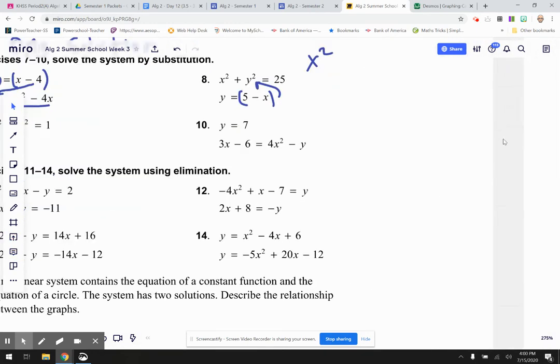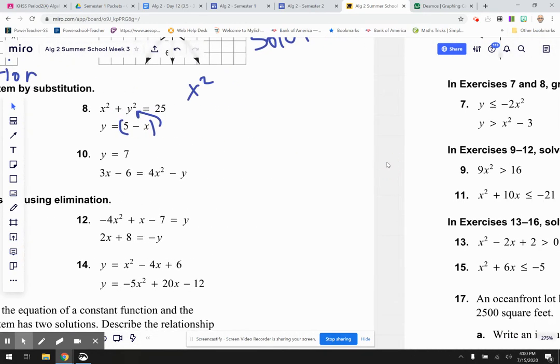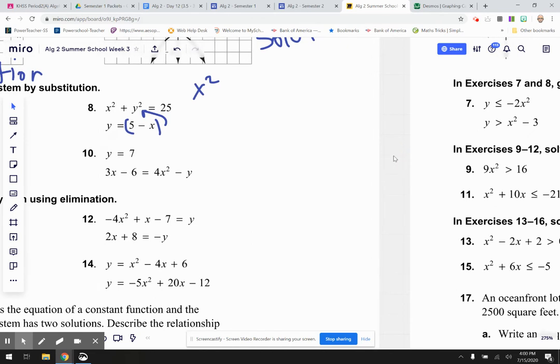Again, you can pause the video and go back to spots if you need to. Plus, now instead of y squared, we're going to put in 5 minus x, but we have to square that 5 minus x because it was normally y squared. And then equals 25.